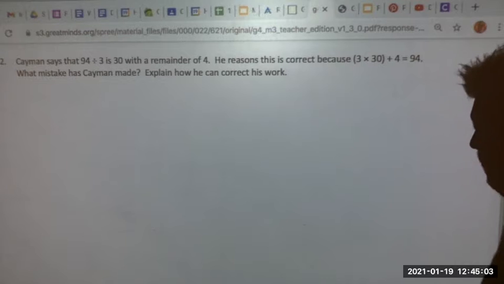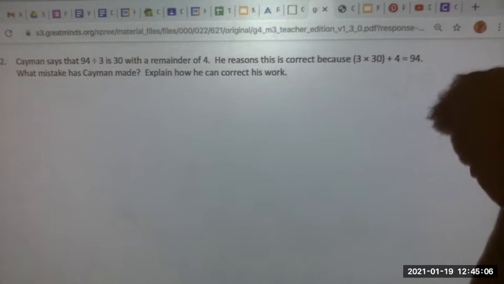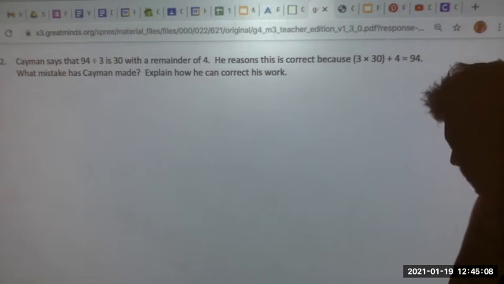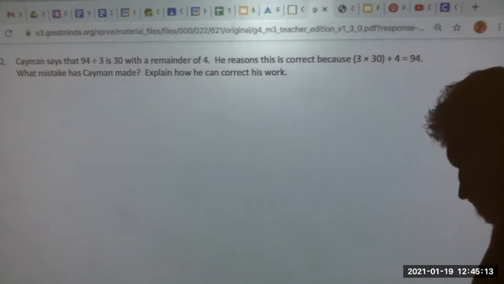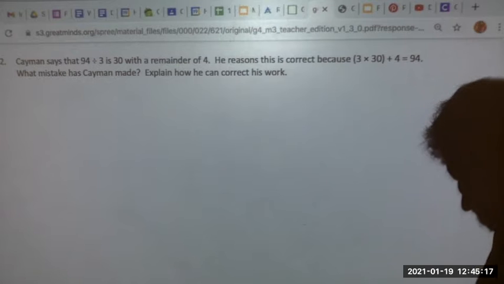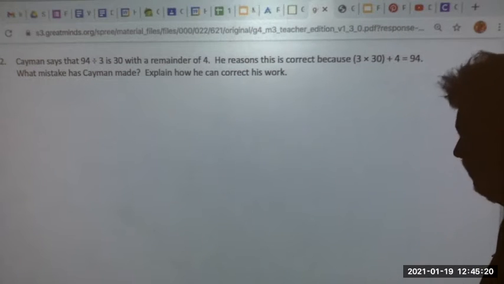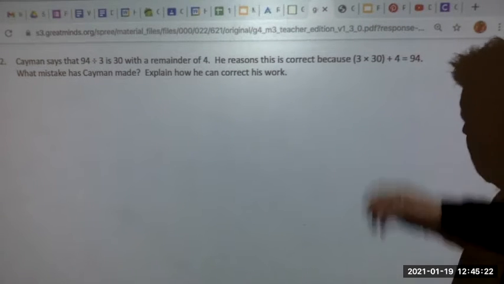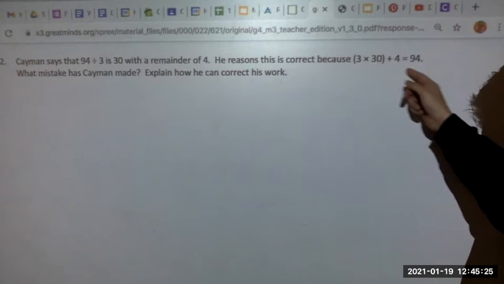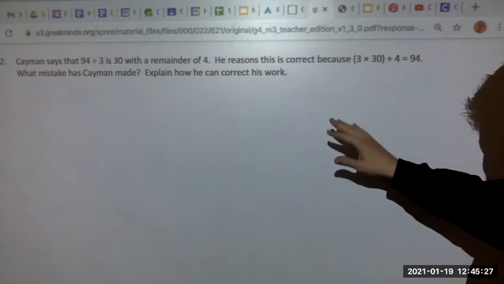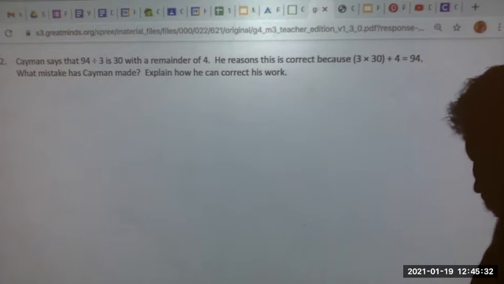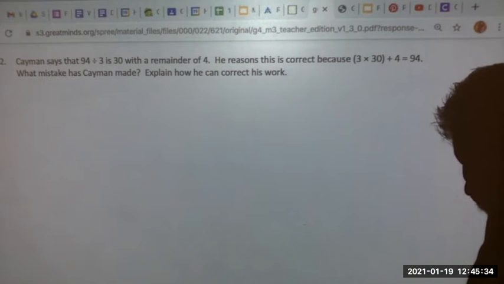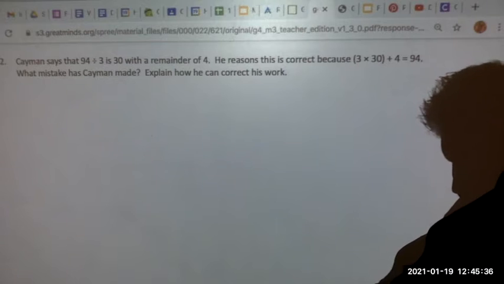He reasons this is correct because 3 times 30 plus 4 equals 94, which he's exactly right. That does equal 94. What mistake has K-Man made? Explain how he can correct his work. So he says his math is correct, but there's something incorrect about what he's doing. So what I want you to do is pause this video and work this problem out. All right, so pause.